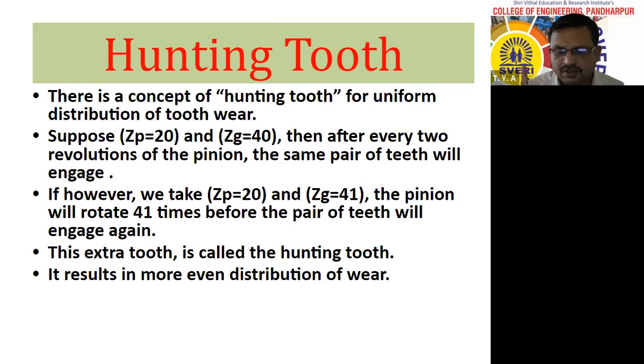Now, first they will come in contact with each other, and after 41 rotations of the pinion, they will come in contact again. In the earlier case it was 2 rotations of the pinion; now the same pair of teeth engages again only when the pinion rotates 41 times. Therefore, we have distributed the wear uniformly over all the teeth.